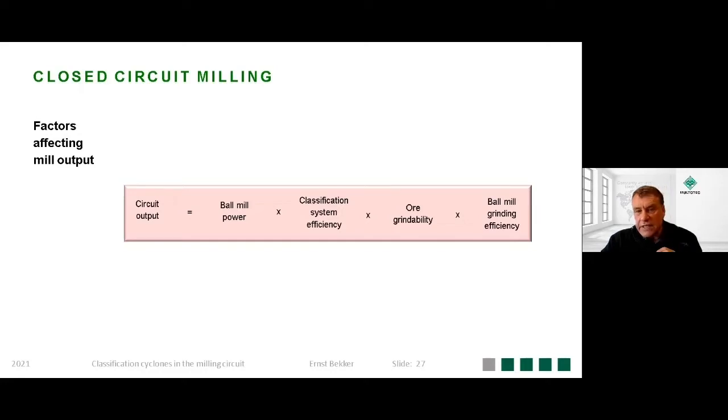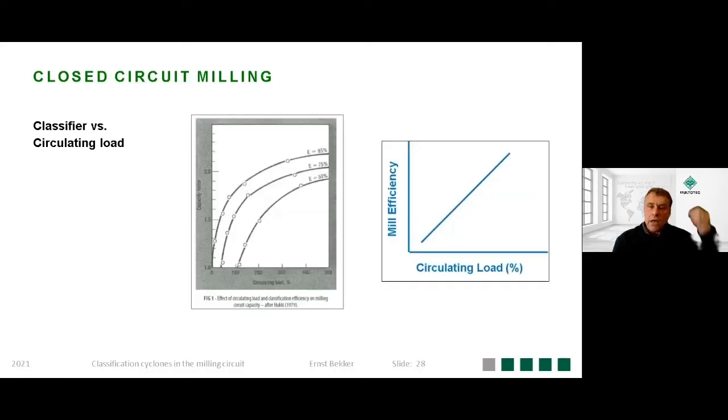And the fewer fines, the better the classification efficiency. Because the logic is that the energy that's present in the mill circuit should be spent only on the coarser material. So if there are more fines, then the overall efficiency of your mill circuit deteriorates because you're wasting energy. I'll go back at the end just to talk a bit more about what we've just discussed.